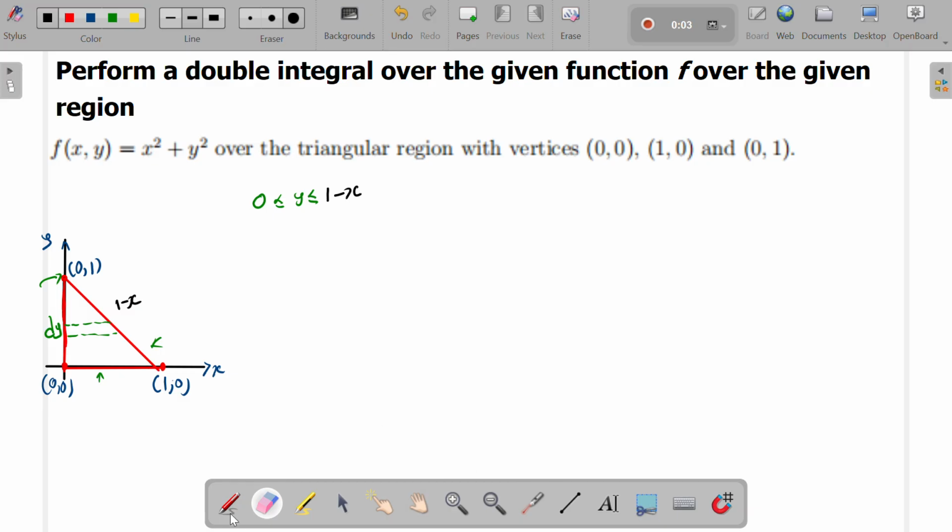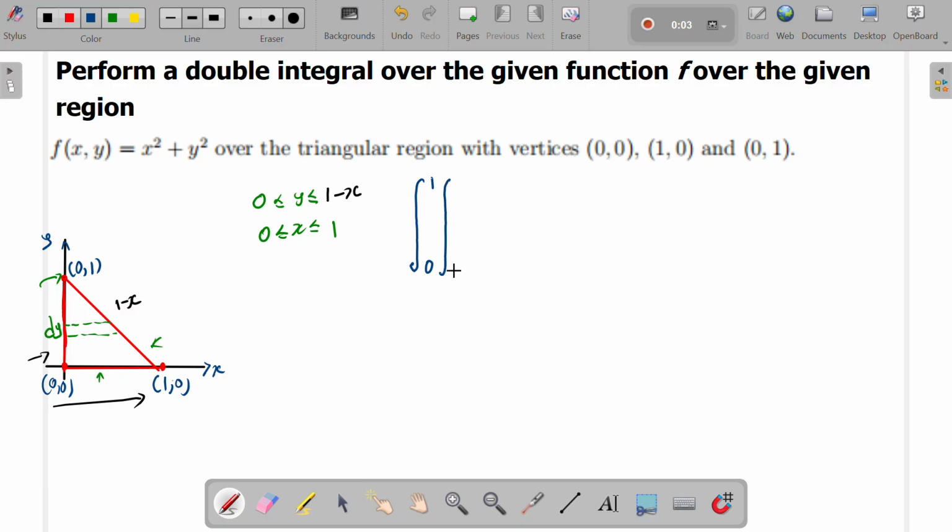What about x? The lowest we have starting from this point going all the way in this direction, the lowest value that we have for x is 0. The highest we have is what? It is 1. So it simply means we can now formulate our integral here. So for x, that would be 0 to 1.